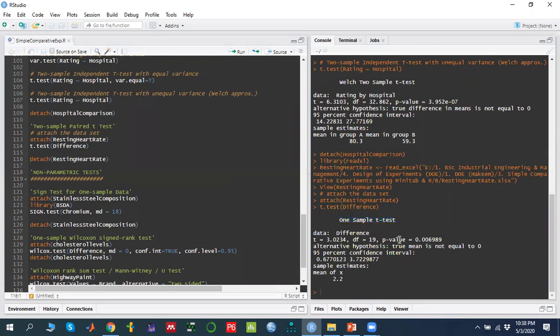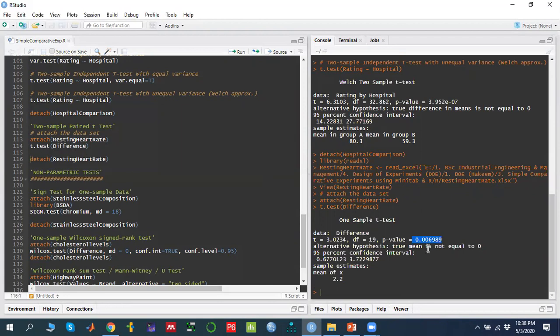The one sample t-test p-value is indicating, because we have applied this test on the variable of differences, that is the difference between before and after, that the p-value is less than 5%. That is indicating we should reject H naught. That means the running program is affecting the resting heart rate.